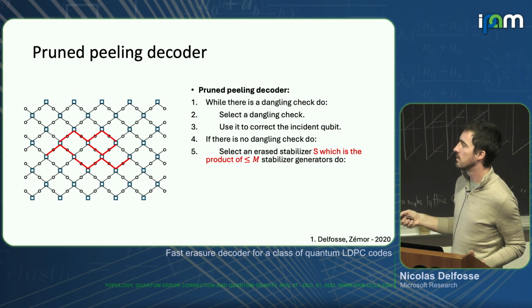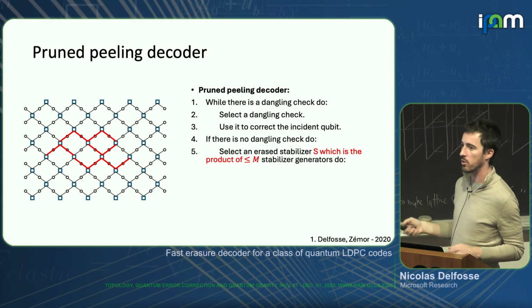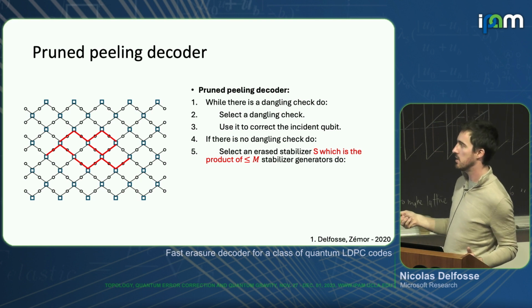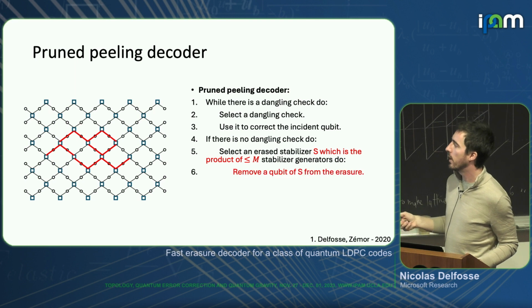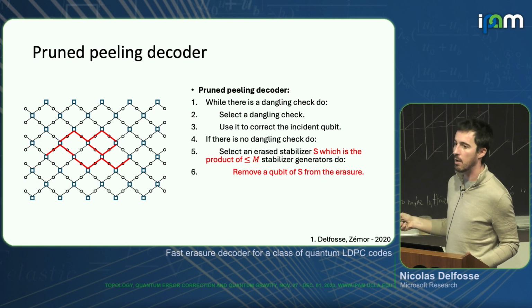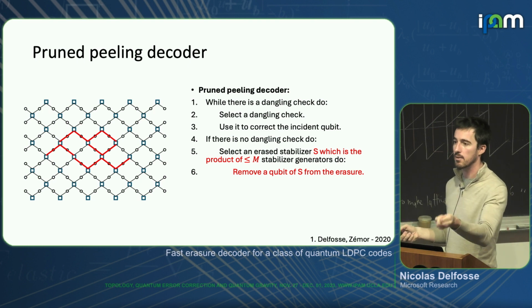We don't select an arbitrary erased stabilizer because there are many of them. We select one that is a product of up to m stabilizer generators. It's a product of m checks. And m is going to be small. And we remove 1 qubit arbitrarily. Because we do that, we know that by multiplying by this stabilizer, we can remove the X error on this qubit.